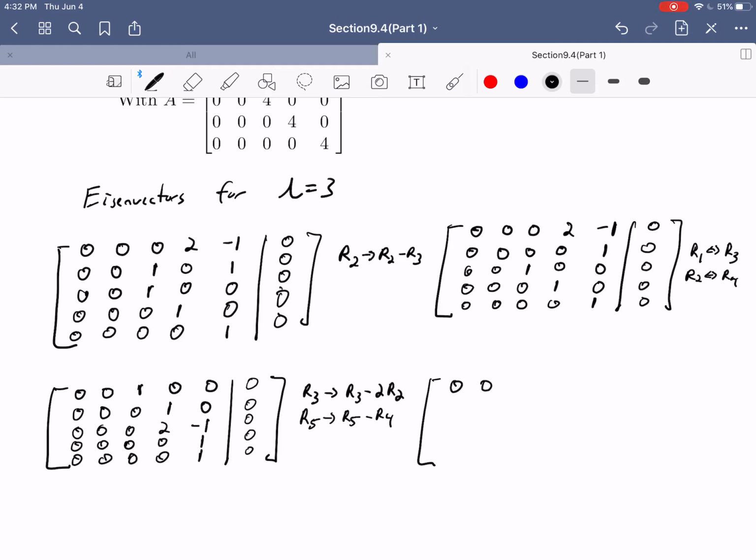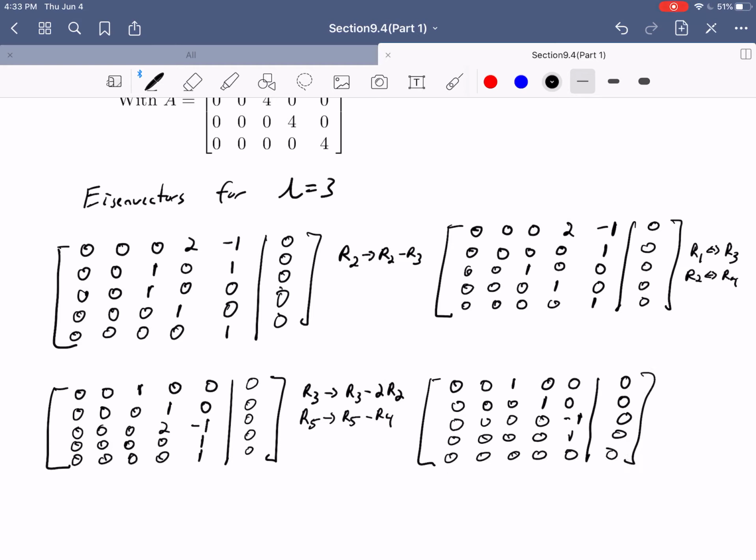So we have 0, 0, 1, 0, 0, and 0. And we have 0, 0, 0, 1, 0, 0. And then we're taking minus 2 times that guy, so it looks like 0, minus 1, 0, and then the remaining rows.